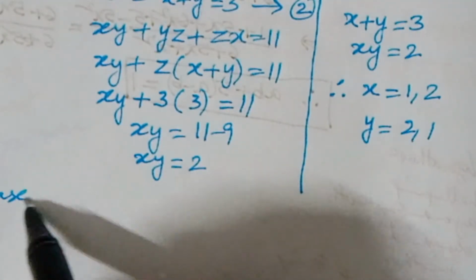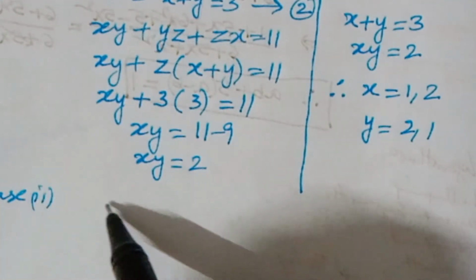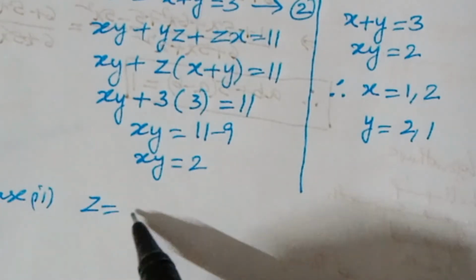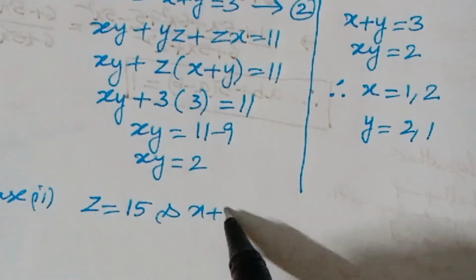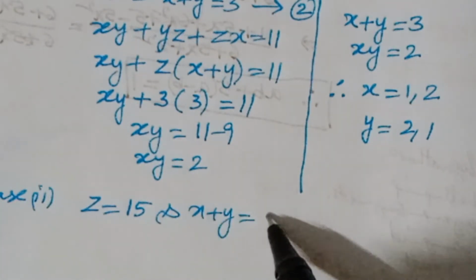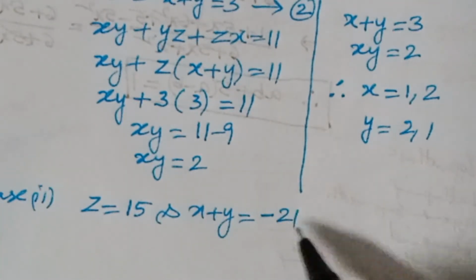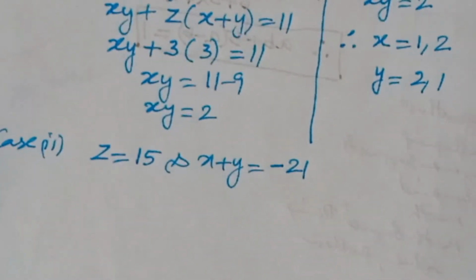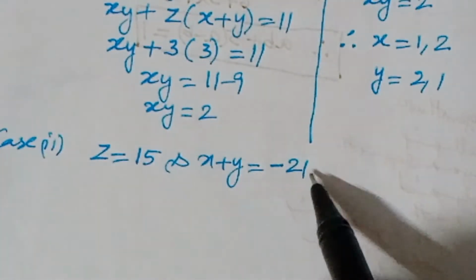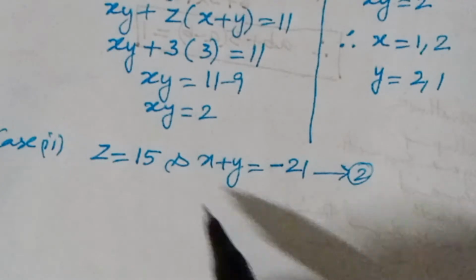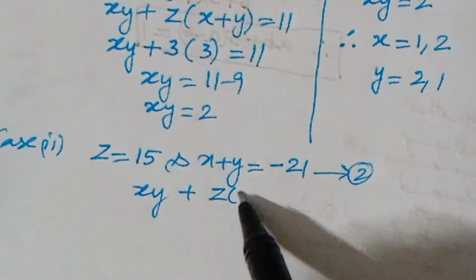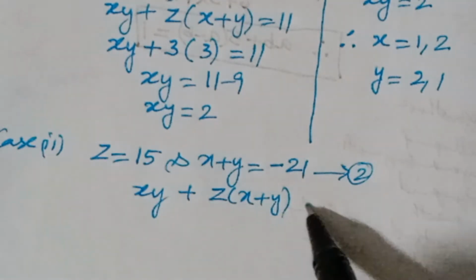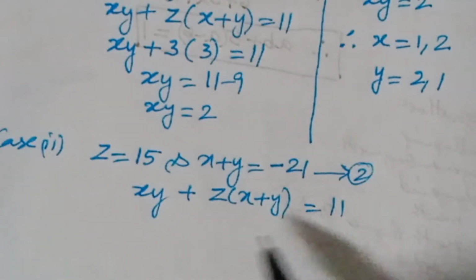Now we are taking case 2: z = 15 and x + y = −21. If you substitute this in the second equation, xy + z(x + y) = 11.